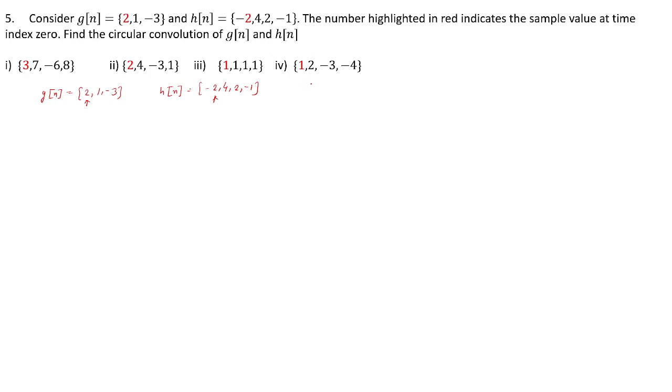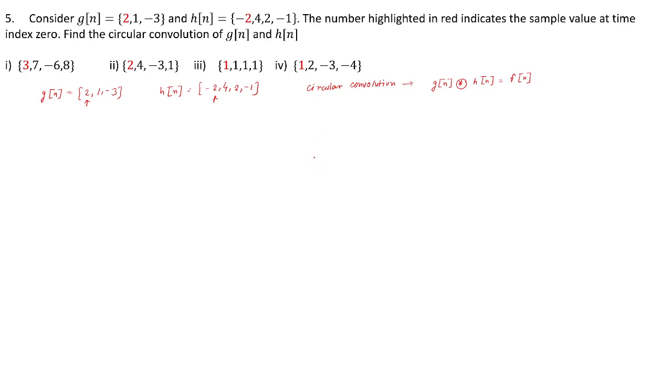Now we denote the circular convolution like this: gn circularly convolved with hn, and we name the output as Fn. So we have to find the Fn.